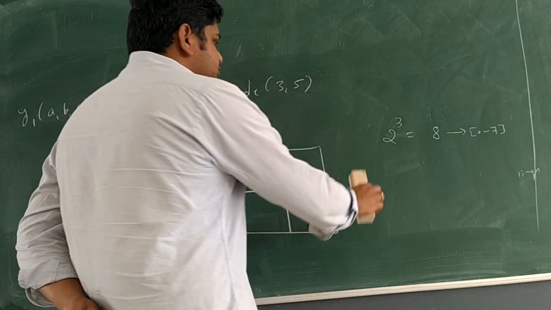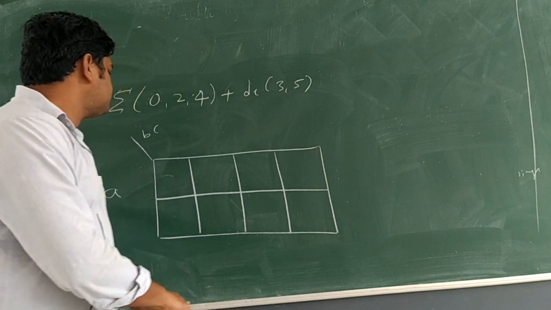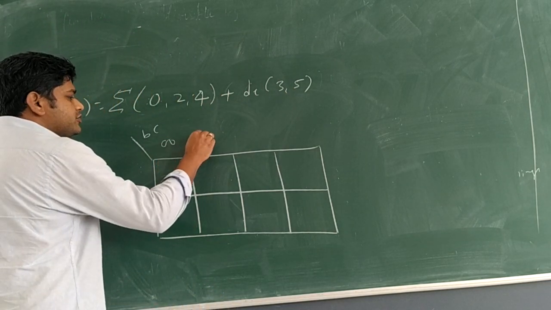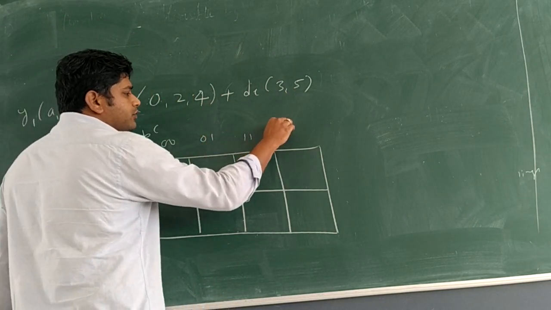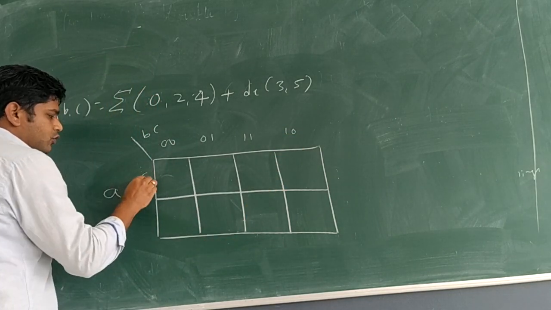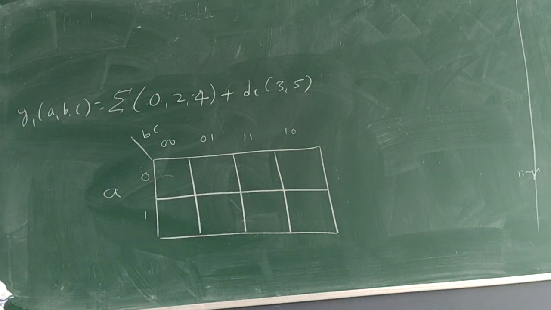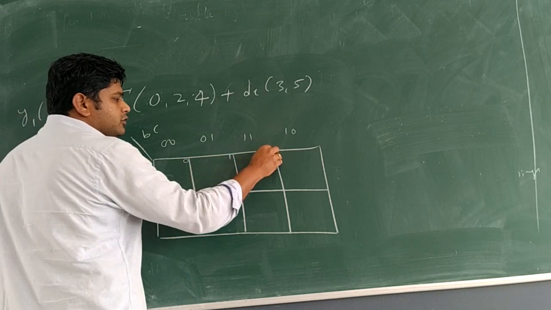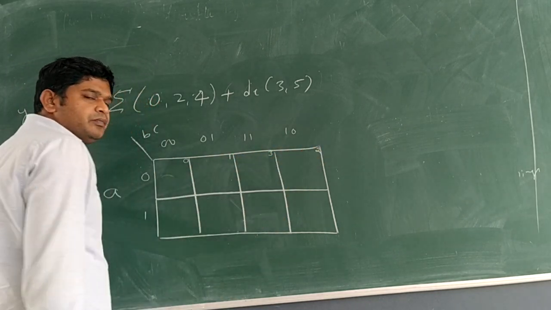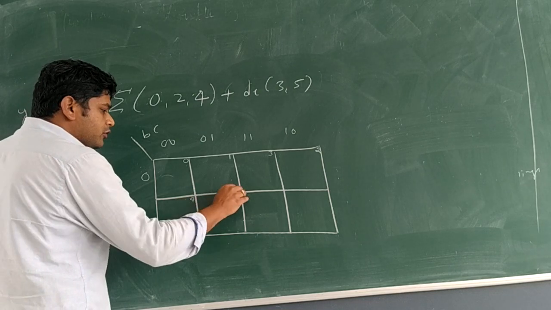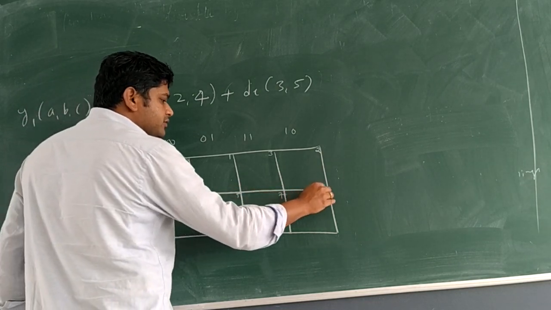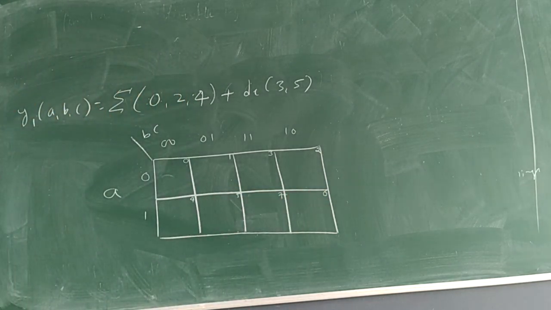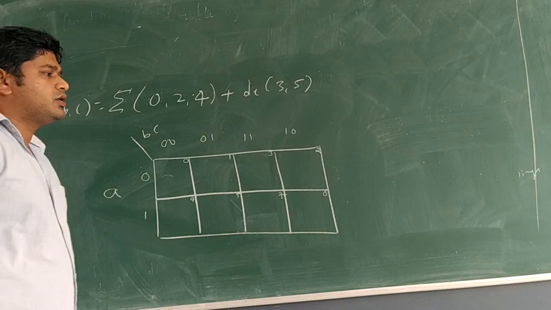So next, here it is 00 01 11 10, and row wise 0 and 1. So cell numbers 0 1 3 2, then 4 5 7 6. These are the cell numbers. Now, the definition.